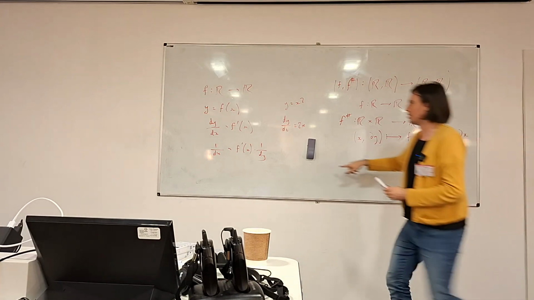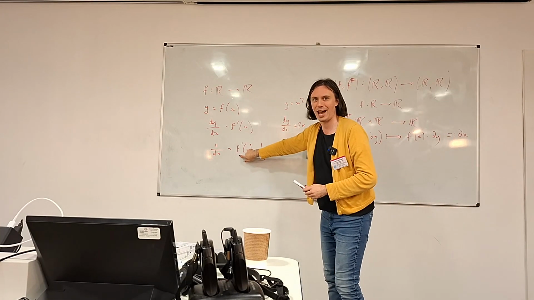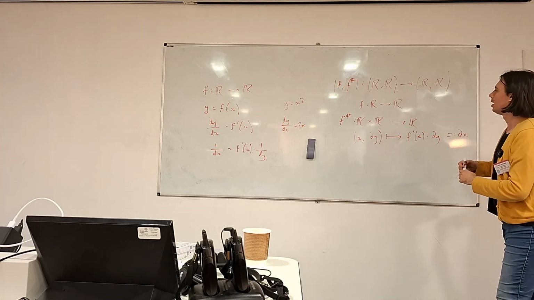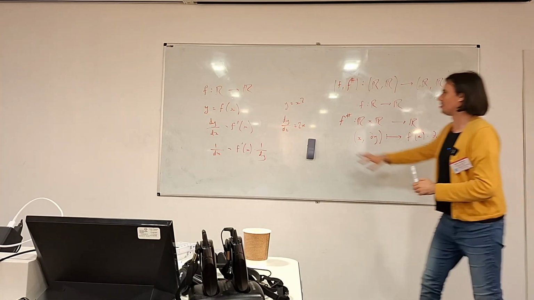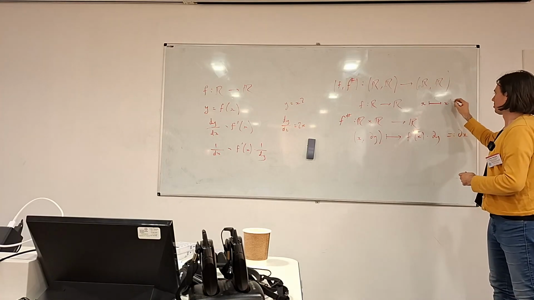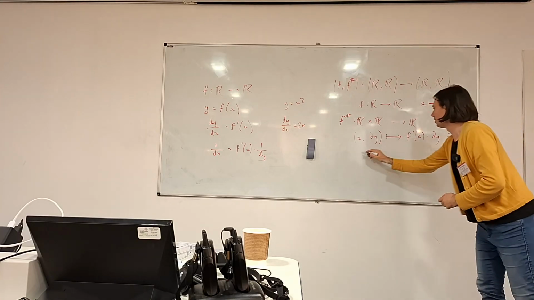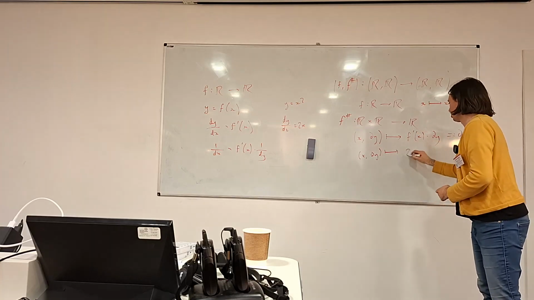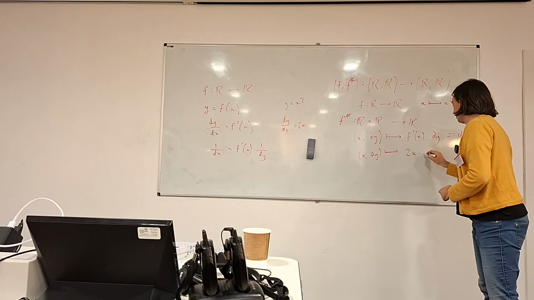So this is the actual derivative of f. So for example, if I took my squaring example, this would be x goes to x squared and this would be x, dy goes to 2x times dy.